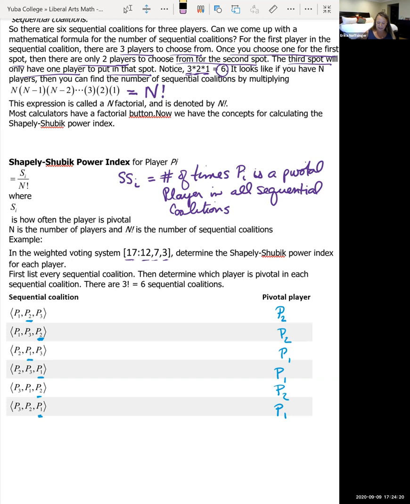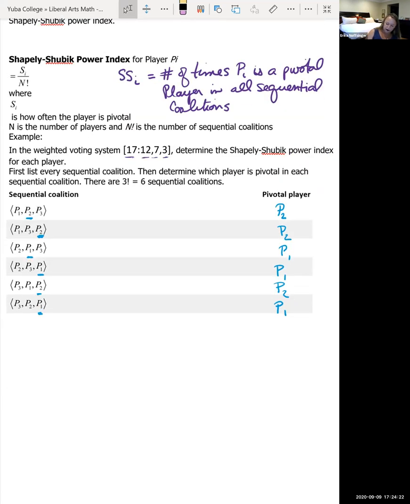So notice that for the Shapley-Shubik index, for player 1, this is equal to, we'll go through and see how many times they were the pivotal player. If we go through, they were the pivotal player here once, then twice, then 3 times. So that's their number of times they're a pivotal player.